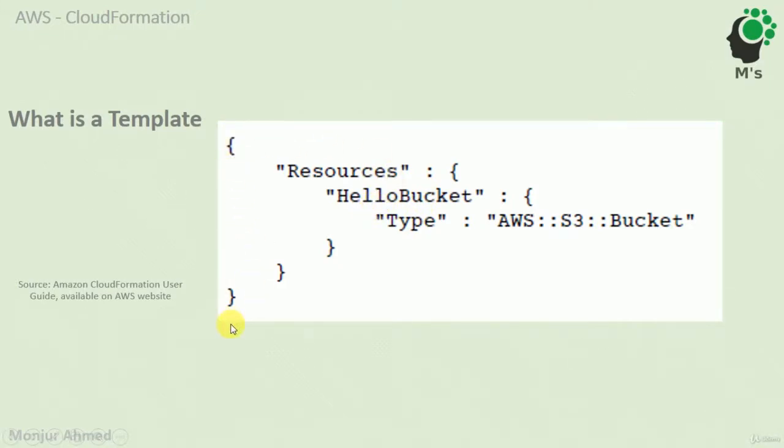If you look carefully, this is the reserved keyword for AWS, Resources, and it means that we are declaring a resource. We give the name hello bucket. It is our own defined name, and the type is AWS S3 bucket.